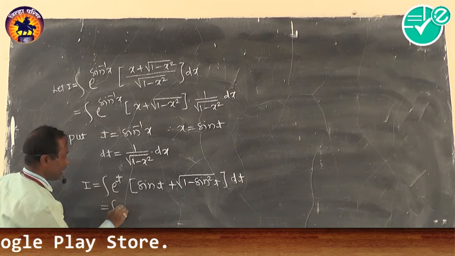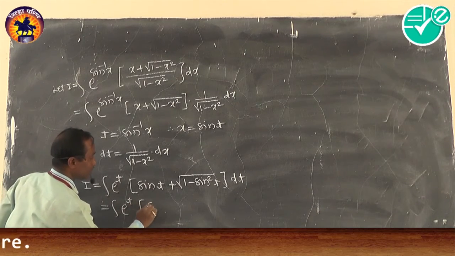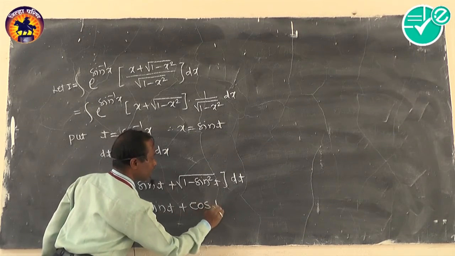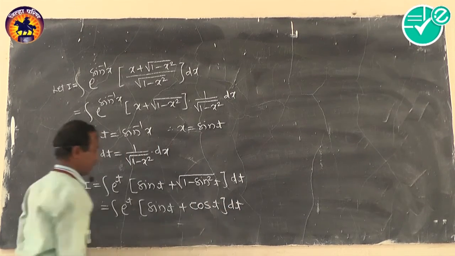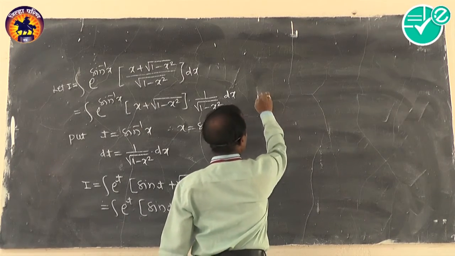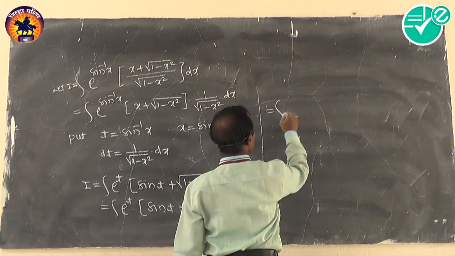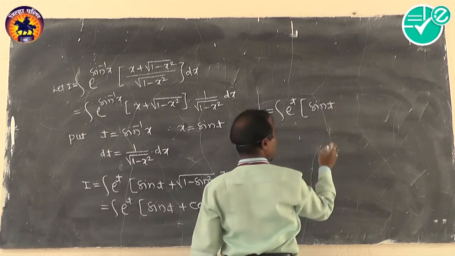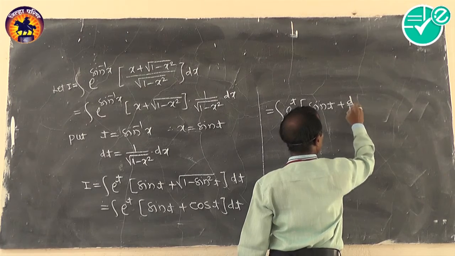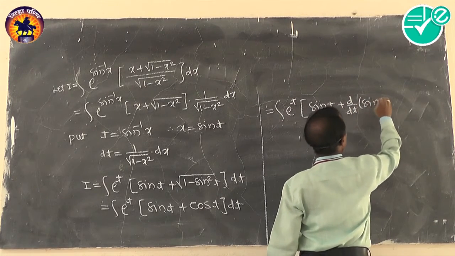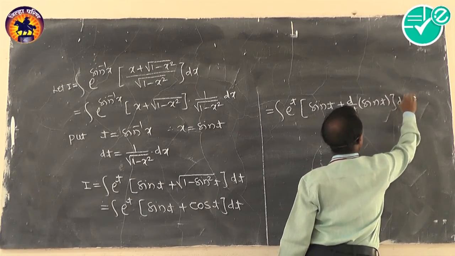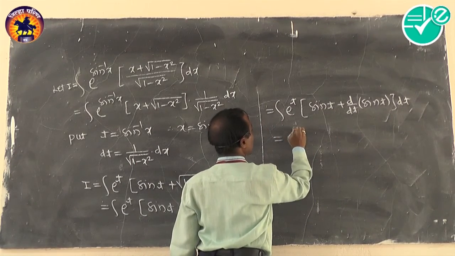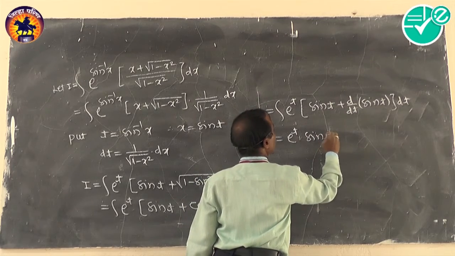We get e raised to t into (sine t plus cos t) dt, and this can be written as integral of e raised to t into (sine t plus d by dt of sine t, since the derivative of sine t is cos t) dt. The integration of this function is e raised to t into sine t plus c.